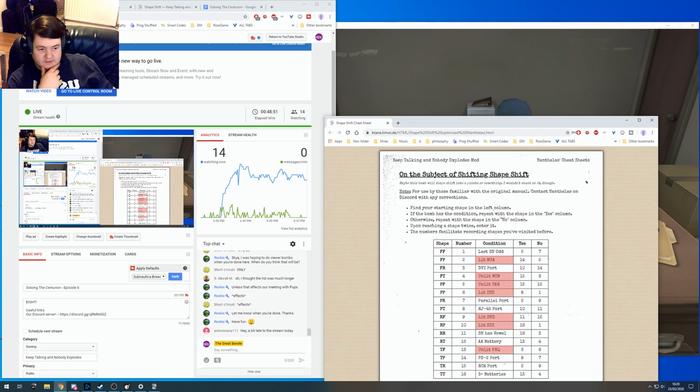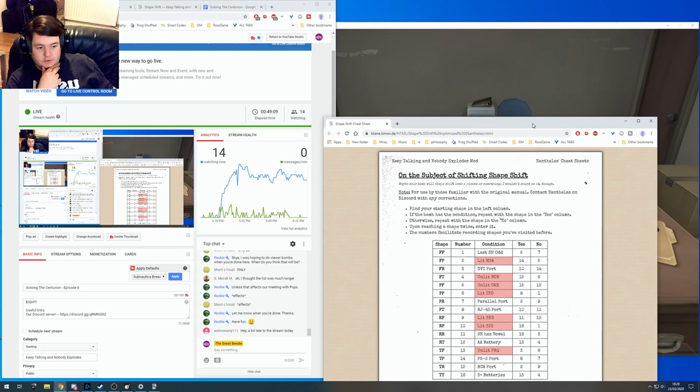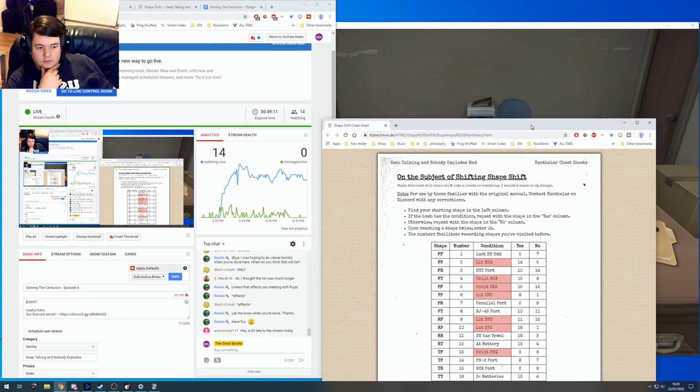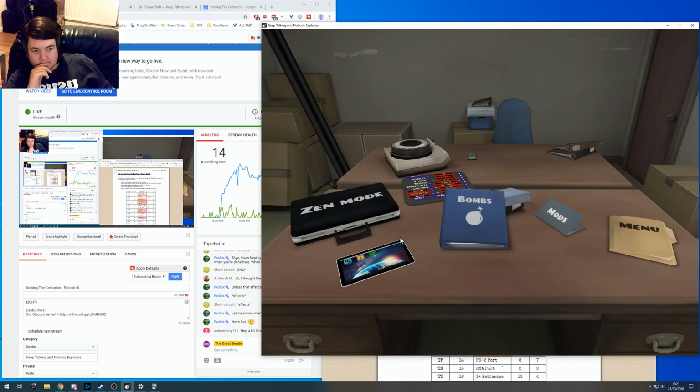Oh, that's interesting, because that's exactly the same as AA battery, which is nice, because they're themed. AA battery or 3 plus batteries. Alright, I think we could maybe hazard a go at Shapeshift.